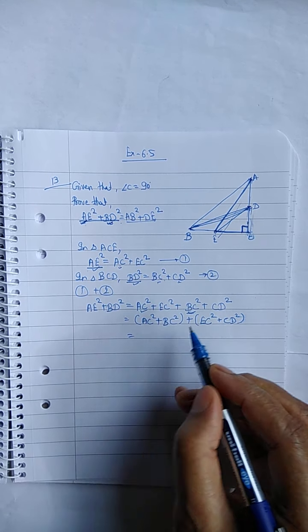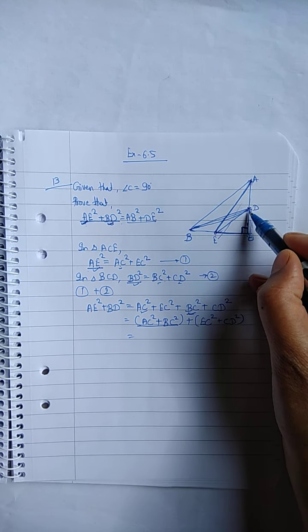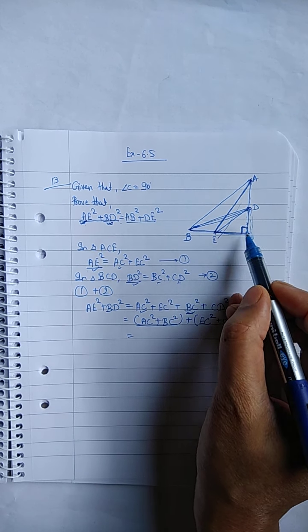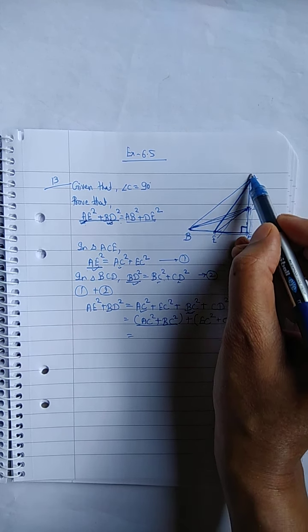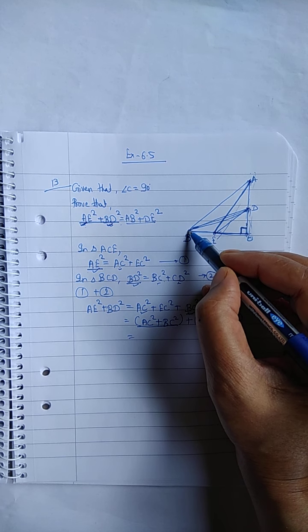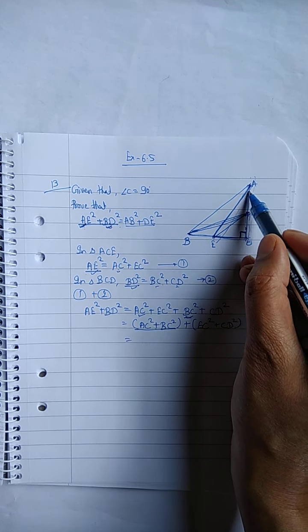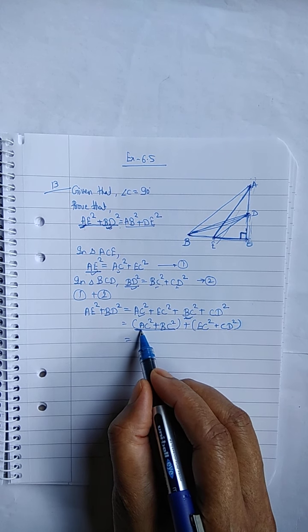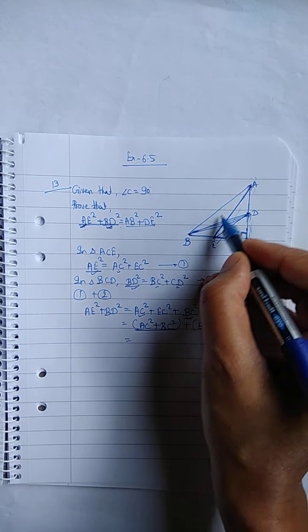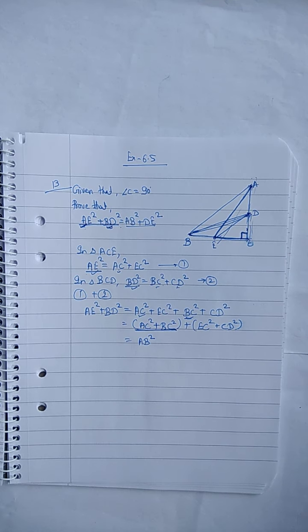Okay. Now AC square plus BC square. If we will see this in triangle ABC, hypo. What is the hypo? Hypo equals to AB. So AB square equals to BC square plus AC square. Right? So BC square plus AC square equal to what? Hypo square. That means AB square. Right?